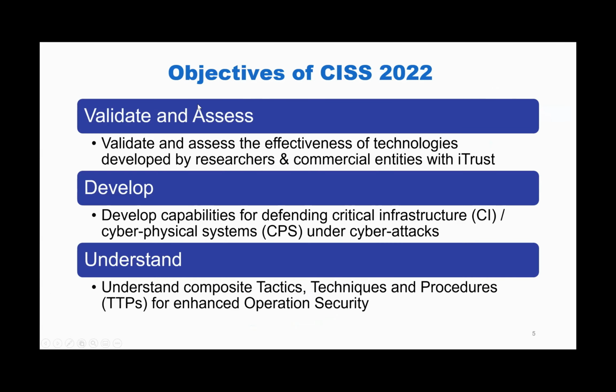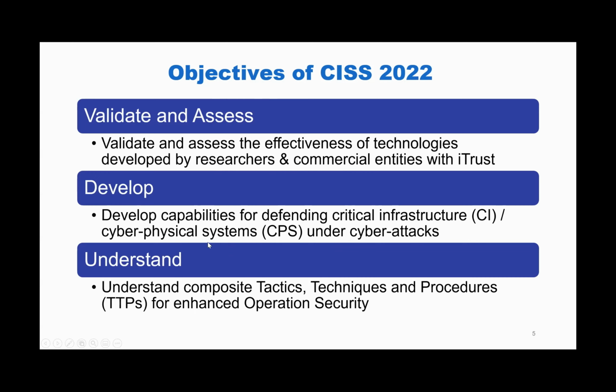The objectives of CISS are threefold. First, to validate and assess the effectiveness of technologies that have been developed by researchers and commercial entities within iTrust. The major second goal is to develop capabilities for defending critical infrastructures under cyber attacks or extreme attacks that you will see during the course of this presentation, as well as during the exercise.